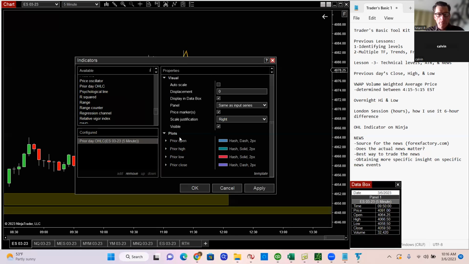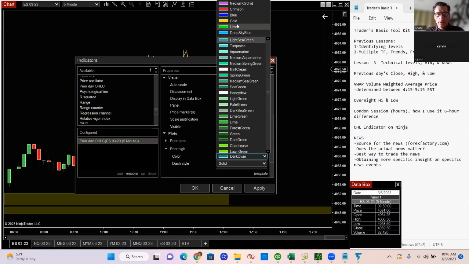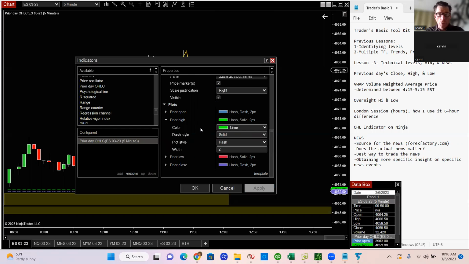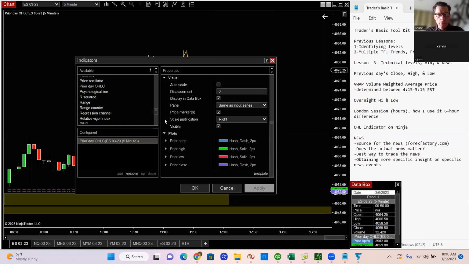I'm going to go in here and make these a little more obvious. Low, high, I like my high to be delineated by a bright color like that. Okay, or actually by green to be more specific is what I like. And as far as how you like to see the lines, it's up to you.